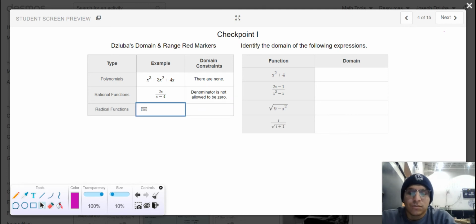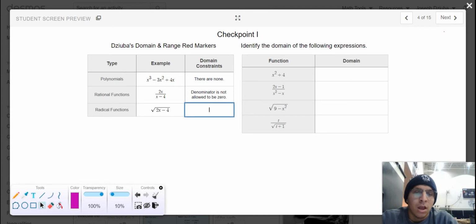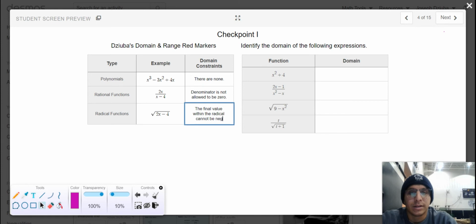And as far as radical functions, like square root functions or fourth root functions or sixth root functions, let's say we have something like this, these have constraints because the final value within the radical cannot be negative. Because if it is negative, we'll have an imaginary number, and imaginary numbers cannot be graphed on our real number Cartesian plane.